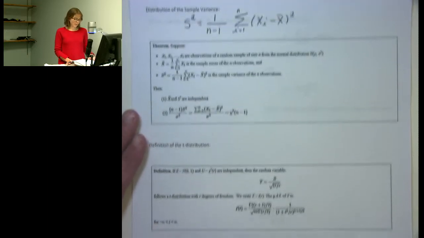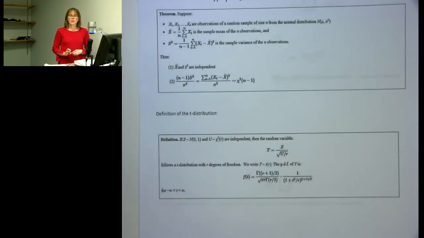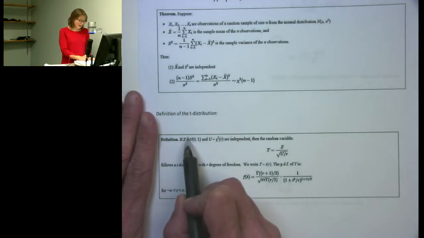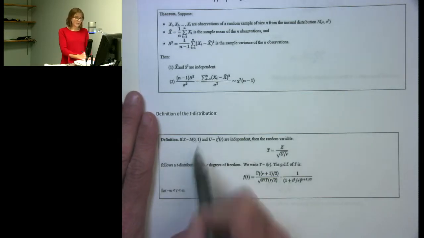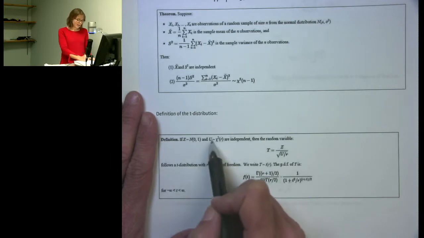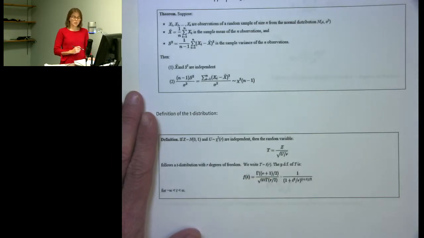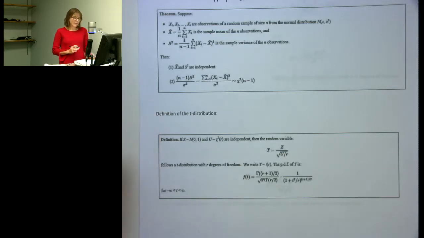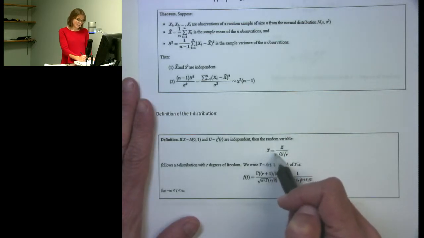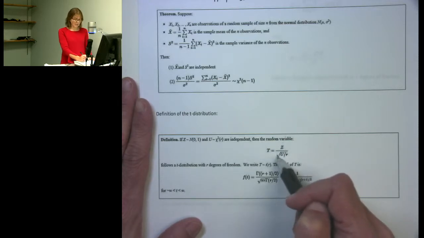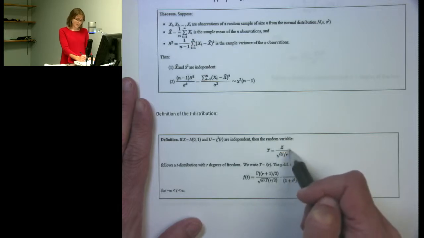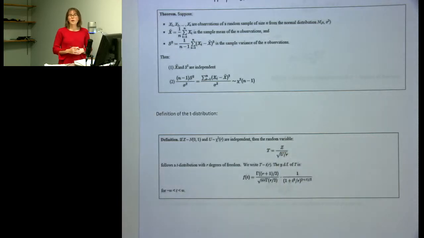Now, also in section 5.5, there is a definition introduced of something called a t distribution. What we're told is that if we have a random variable Z that has a standard normal distribution, with a mean of 0 and a variance of 1, and we have another random variable U that has a chi-square distribution with r degrees of freedom, and those are independent, then the random variable we get, we'll call it T, which is that standard normal random variable divided by the square root of our chi-square random variable divided by its degrees of freedom, has what we call a t distribution.